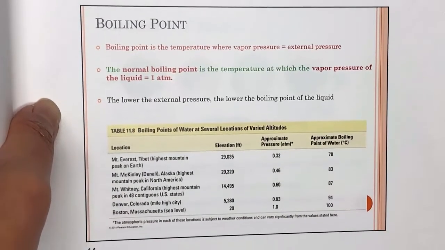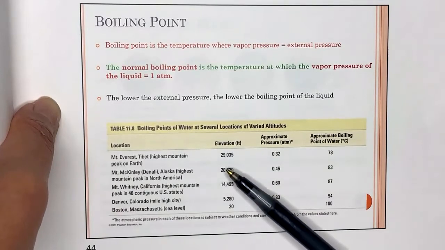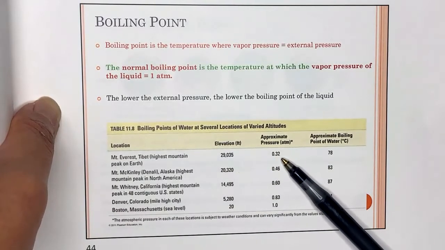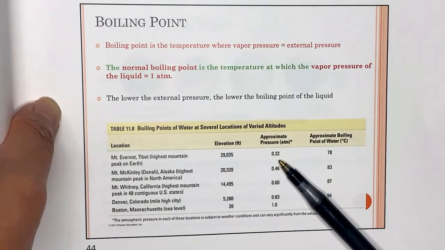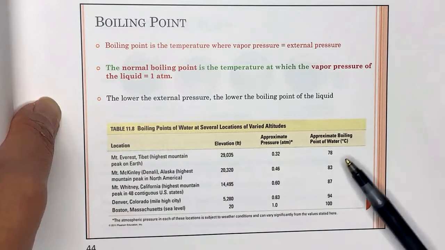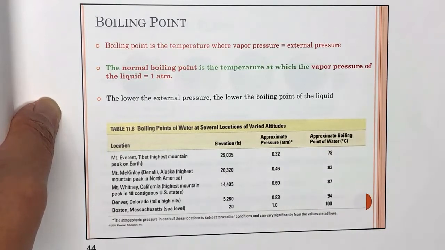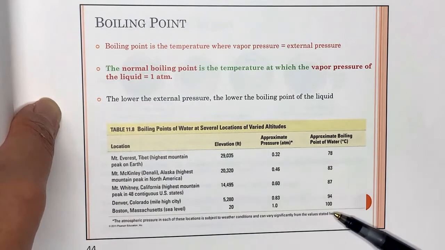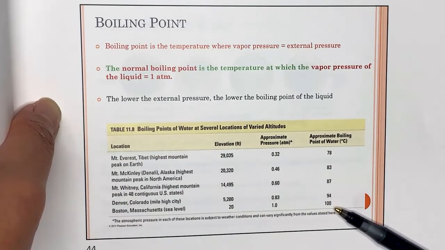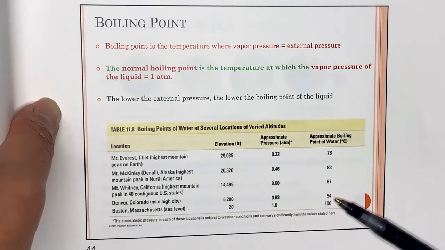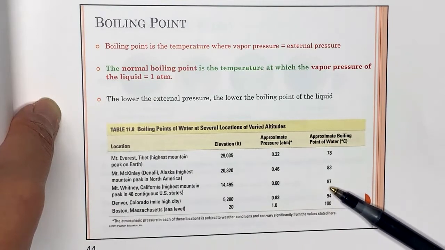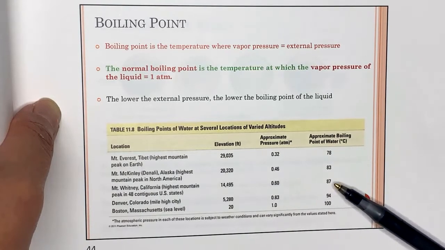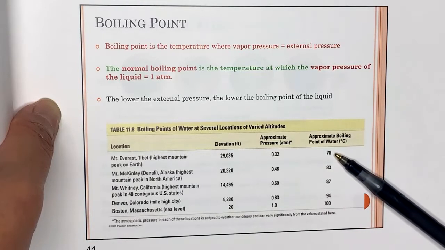What's cool is when you climb up to Mount Everest, remember how in higher atmosphere the air is thinner, there's lower atmospheric pressure. So your boiling point is much lower. You can boil water at 78 degrees Celsius instead of 100. We're at sea level, so we're 100. Then you go to Denver, you boil at 94. You go to Mount Whitney, the highest mountain peak in the 48 states, 87. And then Alaska, it's 83. And then Everest is even lower.